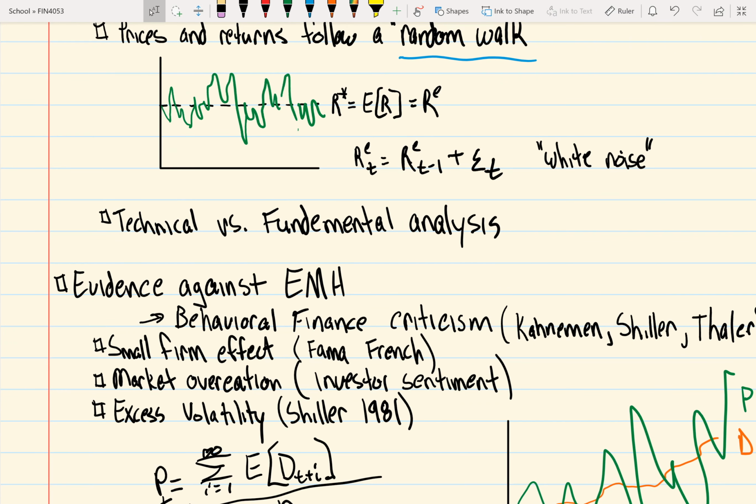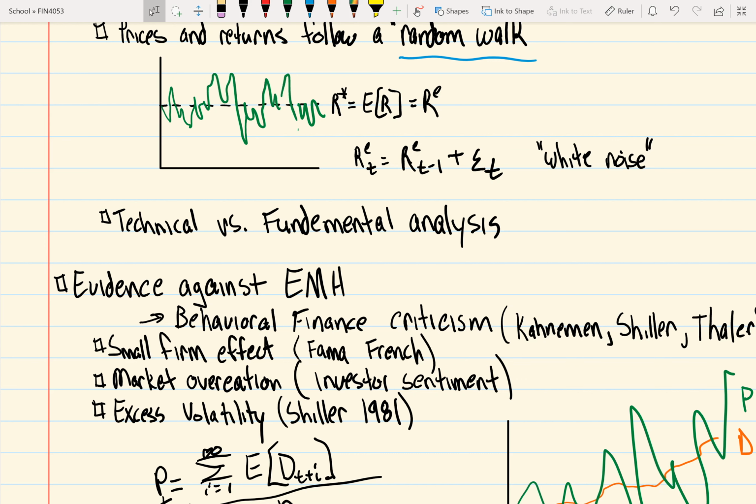From the book, they talk about a few specifics of evidence against the efficient market hypothesis. The first is the small firm effect. Basically, this is an empirical finding that small firms tend to out-earn the big firms. And this was found by two men named Eugene Fama and Kenneth French, who are actually among the biggest proponents of the efficient market hypothesis.